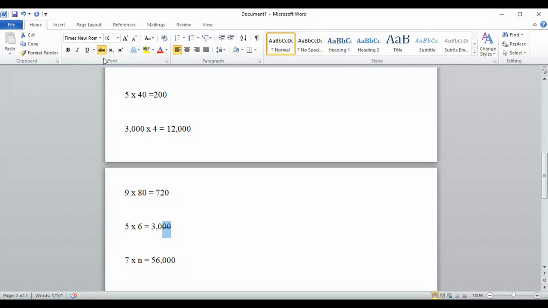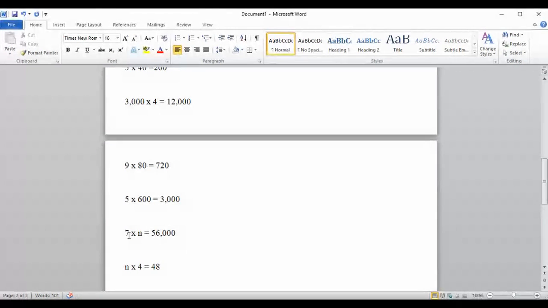So that means I'm going to have to add 2 zeros here, because these extra zeros that were there, I'm going to put on this number. All right. And let's just check our work. 5 times 6 is 30. And then we add these 2 zeros because we have those in the 600. So if you get to this point, you're like, I'm not sure. Go back and check your work. Start here and check your work.